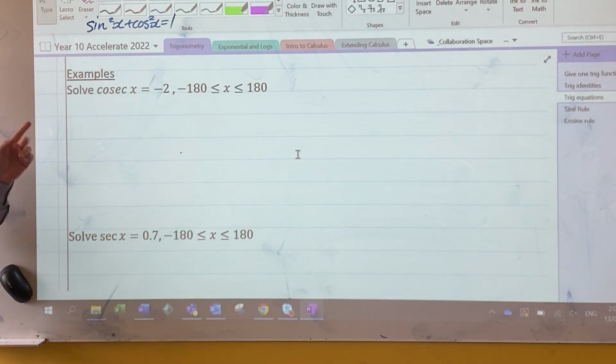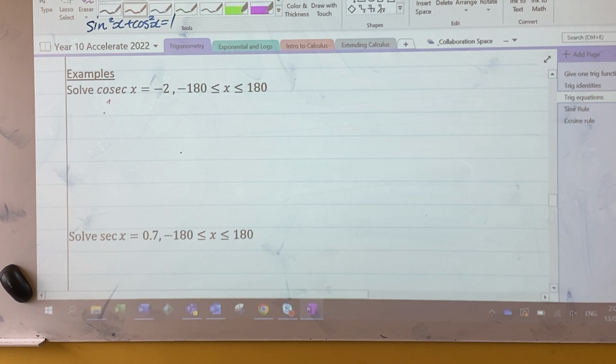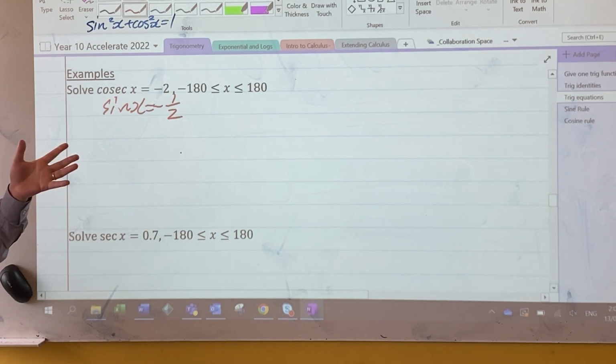Next one. Cosec x is minus 2. We want to find x. Remember we said when we see these reciprocal functions, we're thinking about the original function. What's the reciprocal of cosec? Sine, very good. So when I see this one, I'm thinking about sine x equals negative half. All good?